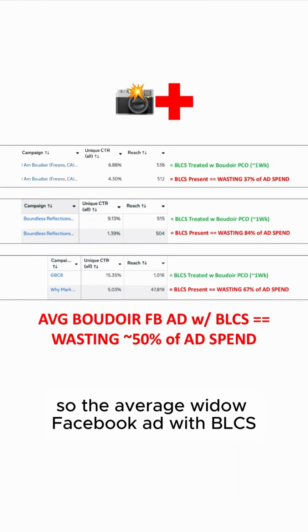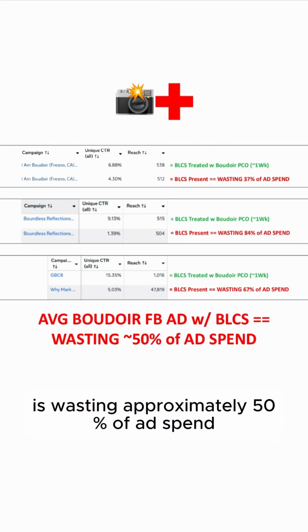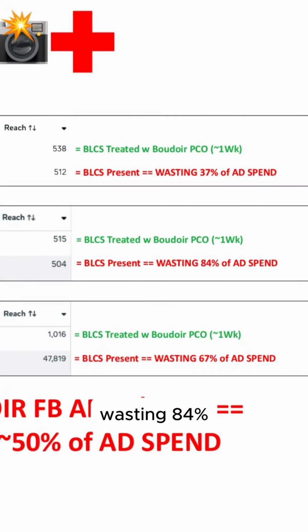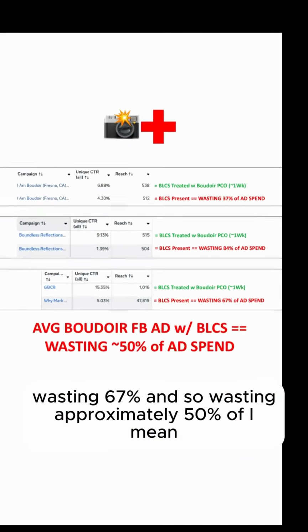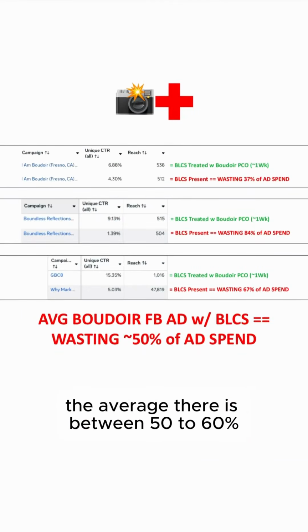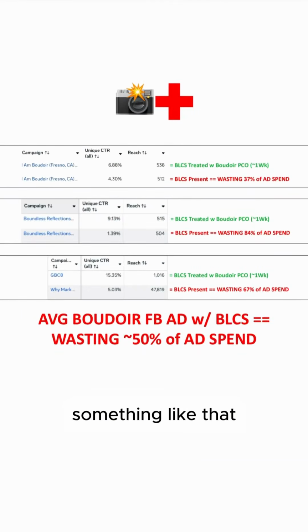So the average Boudoir Facebook ad with BLCS is wasting approximately 50% of ad spend. I mean, look at these numbers: wasting 37%, wasting 84%, wasting 67%. The average there is between 50 to 60%, something like that.